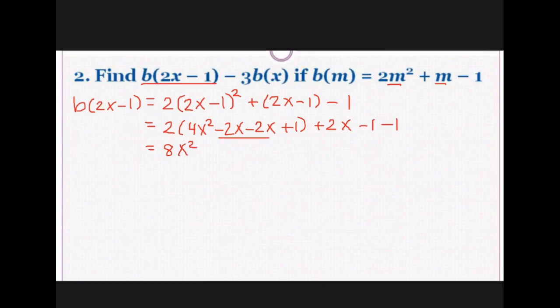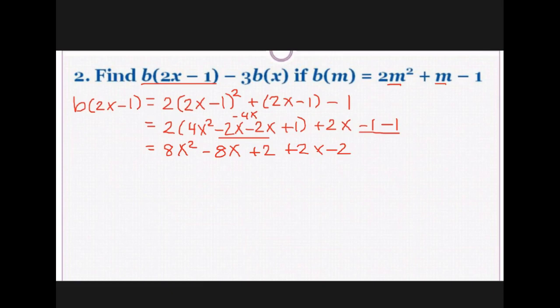So negative 2x and negative 2x gave me negative 4x. And then I'm going to distribute my 2, so I have negative 8x. And then 1 times 2 is 2, plus 2x, and then negative 1 and negative 1 is negative 2.